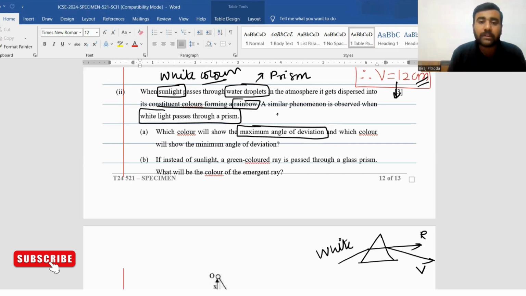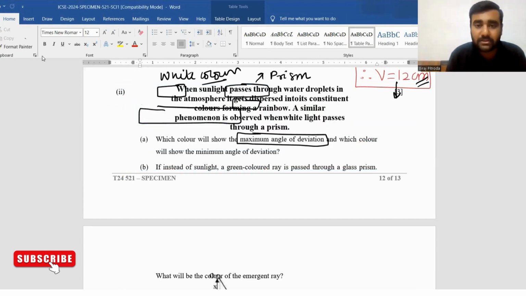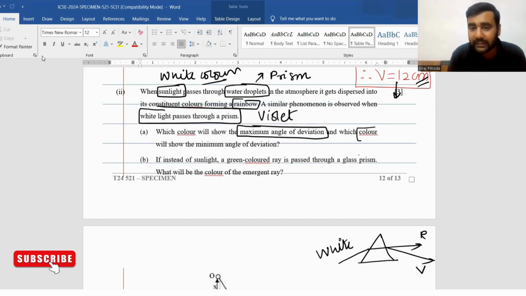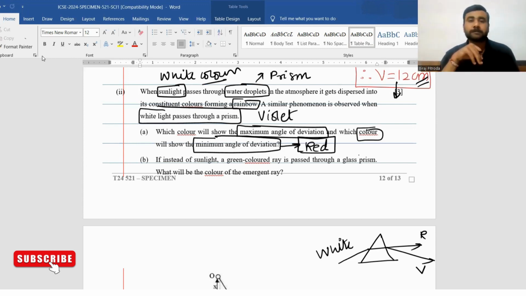The color which has the minimum deviation is red. So the color which bends the least is red, and the color which bends the most is violet. That's your sub question 1.